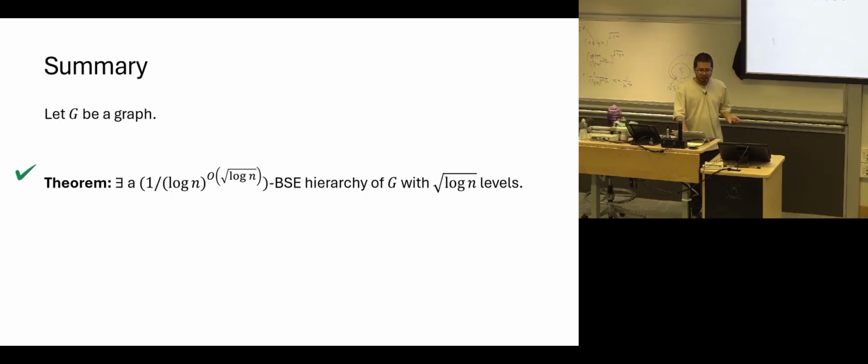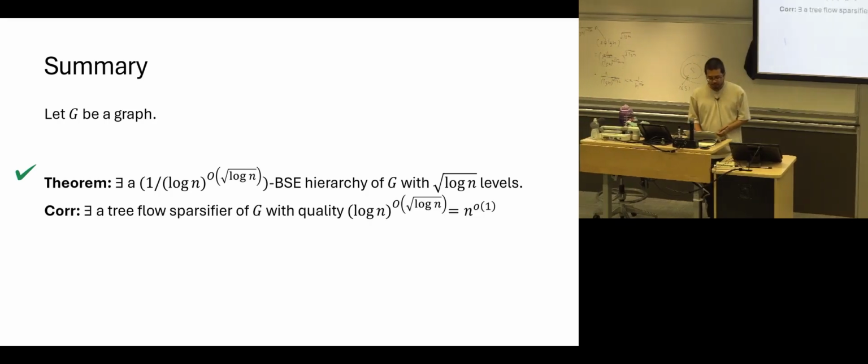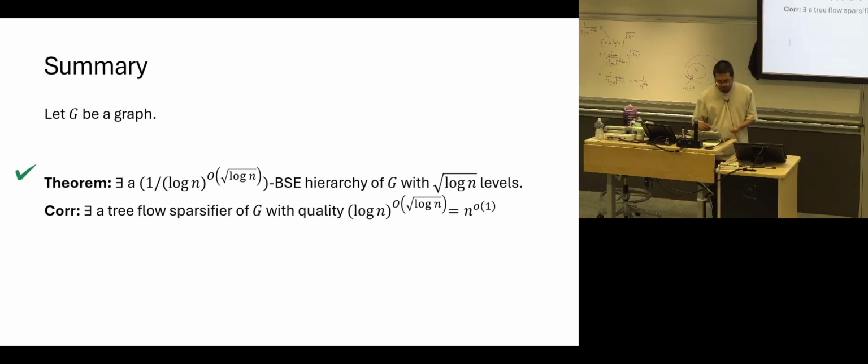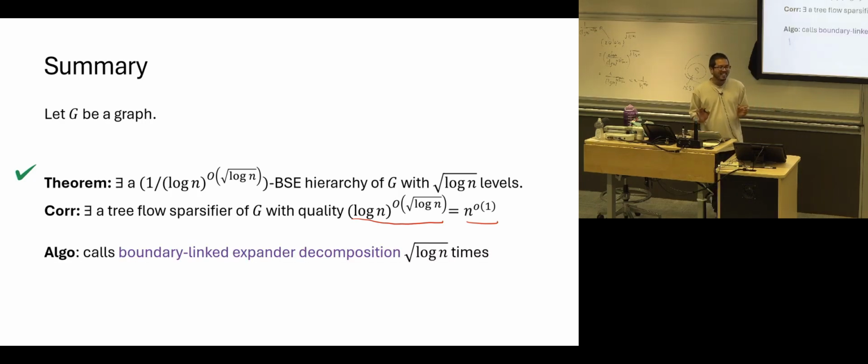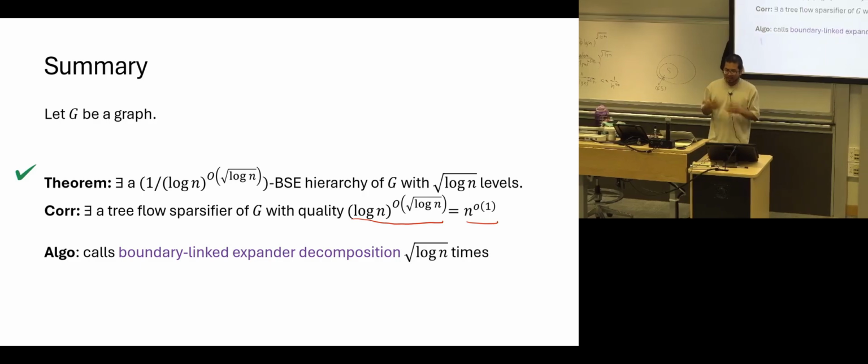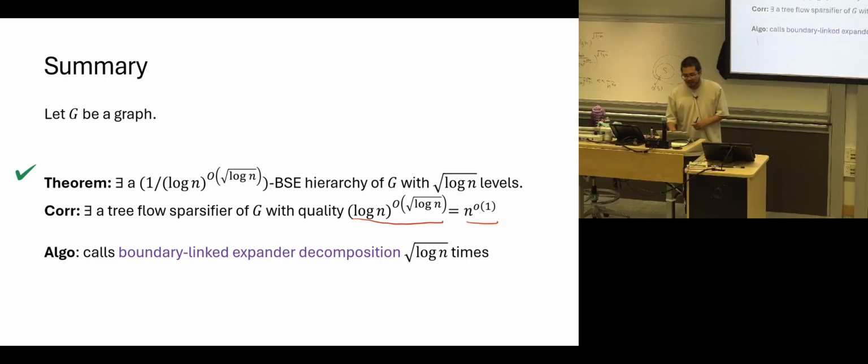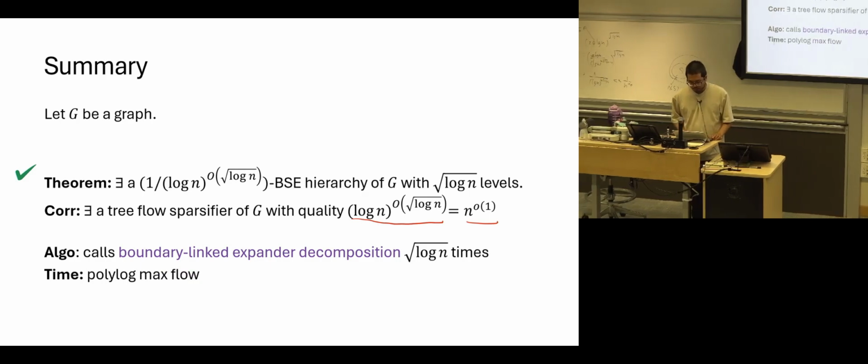And you see that this implies the 3-flow sparsifier with quality n to the little o(1). And the algorithm itself is super simple. Just do expander decomposition, contract, and repeat. The algorithm is extremely simple and fast, but it takes polylog max flow calls.